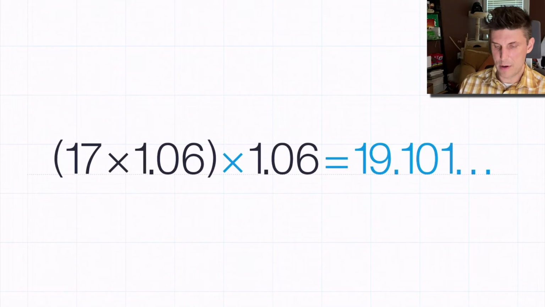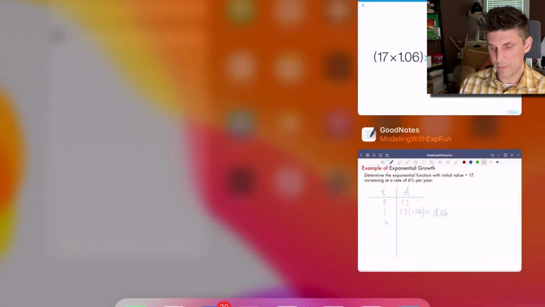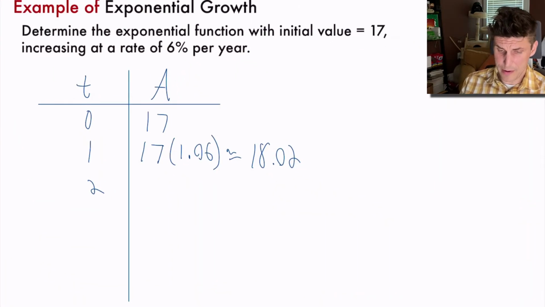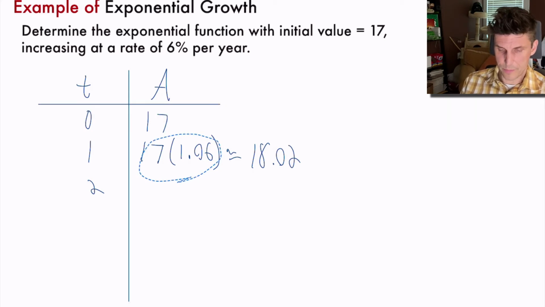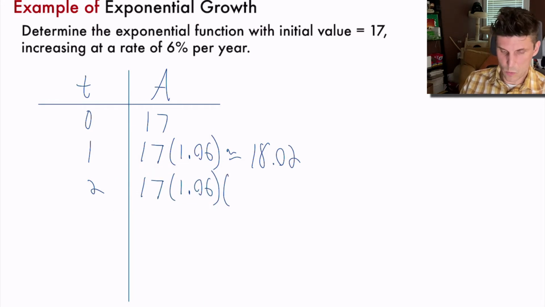So now I have 19.101. So really what we have is this number, and we're just going to multiply that again by 1.06, right? And that gave us 19.101.